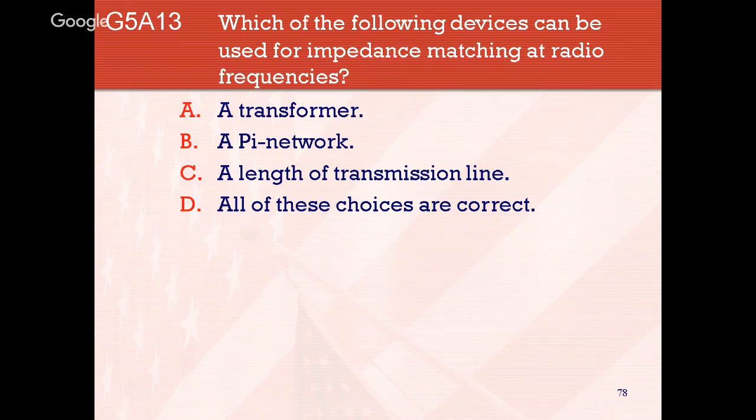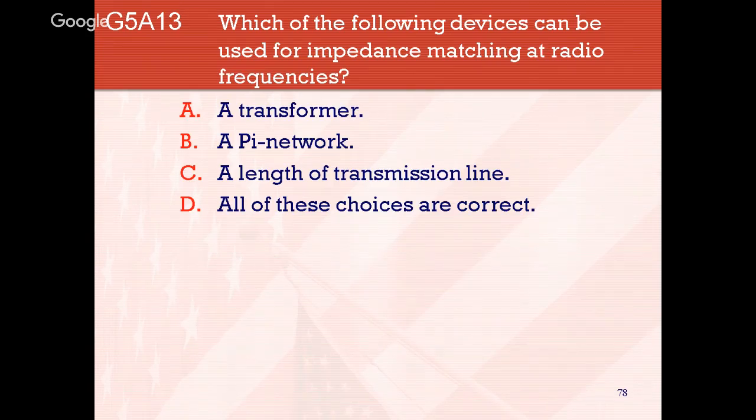Which of the following devices can be used for impedance matching at radio frequencies? Again, be careful with this one. There's a lot of them that make sense here, and maybe one that doesn't make sense. However, the following devices can be used for impedance matching at radio frequencies.